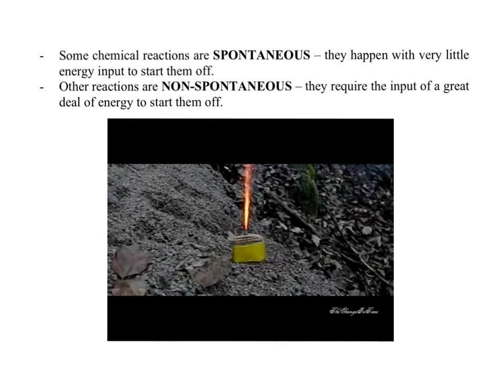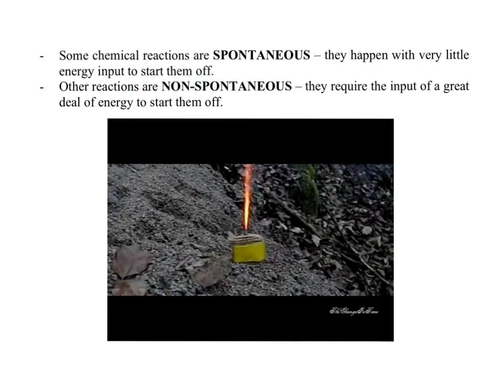Scientists love to classify things, so we have classified chemical reactions that give energy to the environment as exothermic, and chemical reactions that steal energy from the environment as endothermic. But there's another way we can classify chemical reactions as spontaneous, where they happen with very little energy input to start them off with.